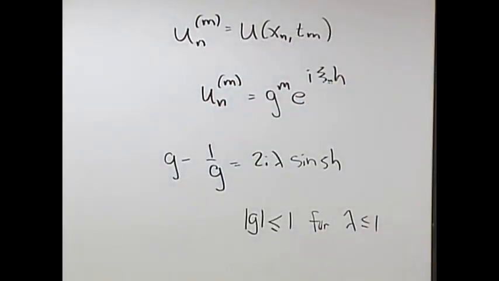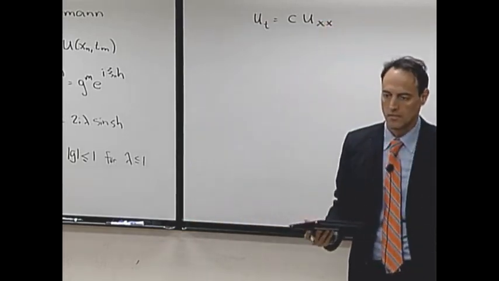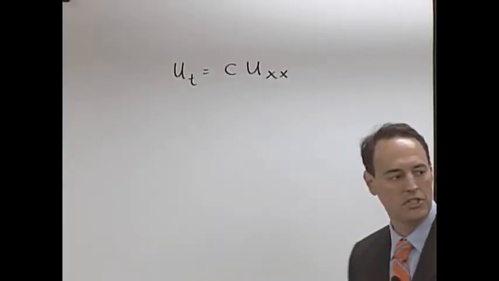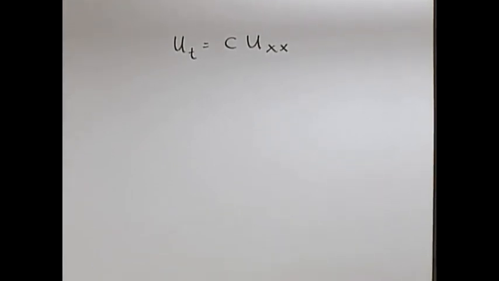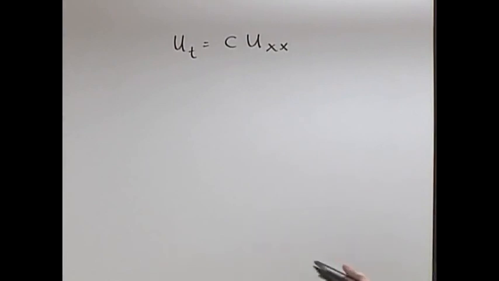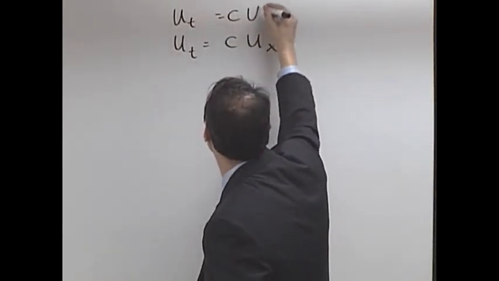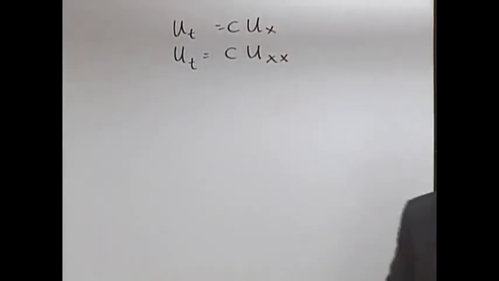Okay. Now let's consider a different equation: the heat equation. We just added one more space derivative. It doesn't look like that much of a difference; we went from here to here.